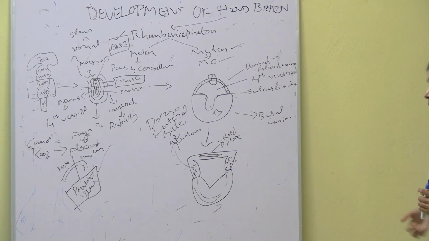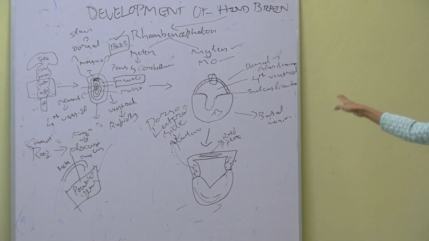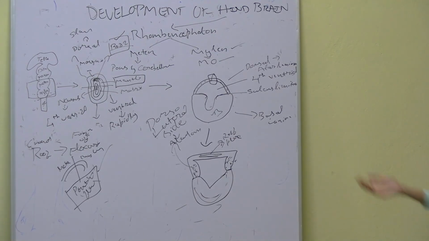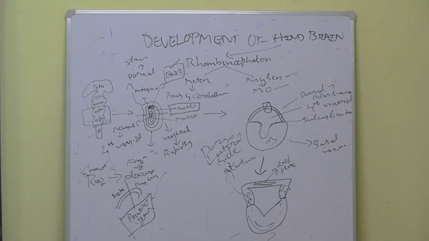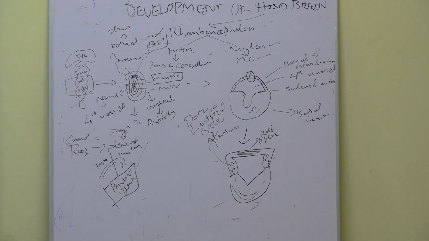So for the development of your hindbrain, right now we are discussing the development of your medulla oblongata. To study the development of medulla oblongata, we have to concentrate more on the mantle zone. Once we start studying the mantle zone, we have the alar lamina, basal lamina and sulcus limitans.